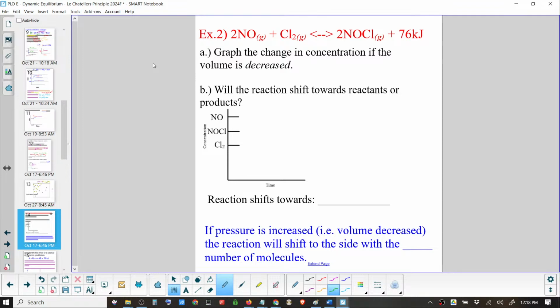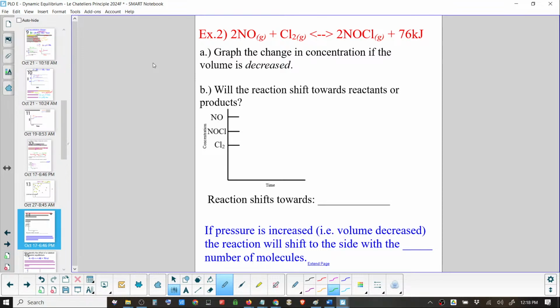And if we decrease the volume, what have we done to the pressure? Increase. So we have an increase in pressure, increase in pressure, a decrease in pressure, and one adjustment that was independent. And that is a volume decrease.